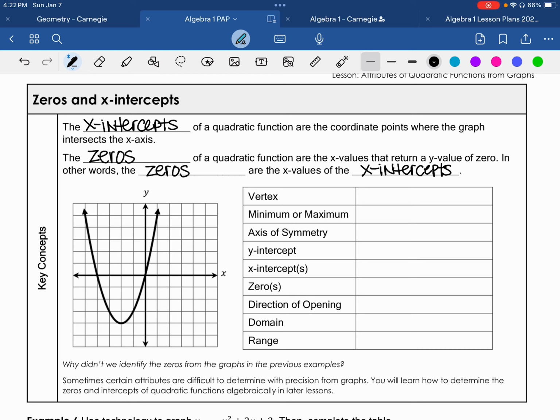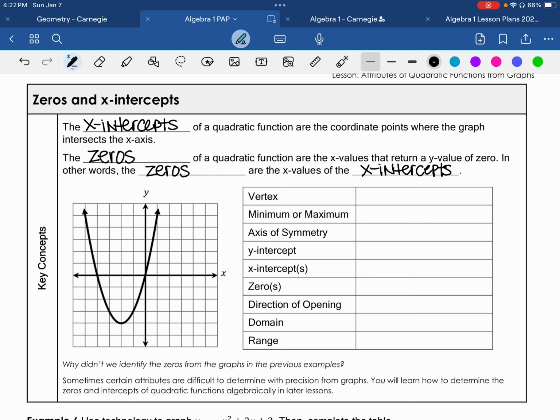In other words, the zeros are the x values of the x-intercepts. We can almost use them interchangeably. X-intercepts, zeros, they mean the same thing. But when we talk about the zeros of the quadratic function, we're not talking about an ordered pair. We're just talking about the x value of the x-intercept. That's the only difference between them.